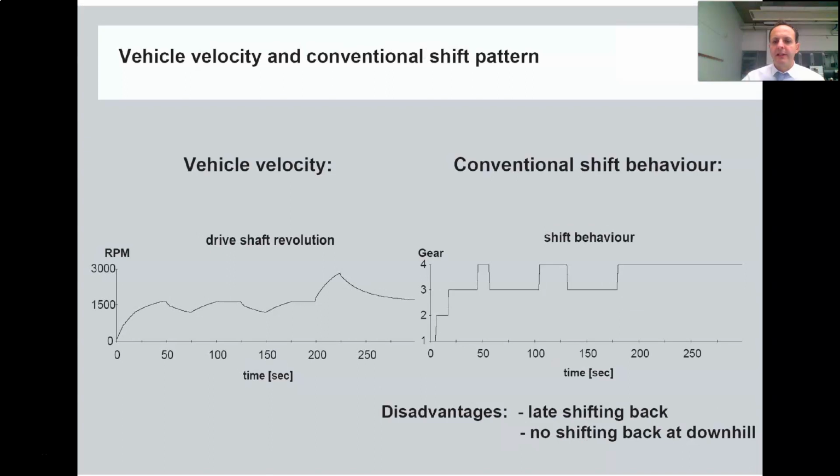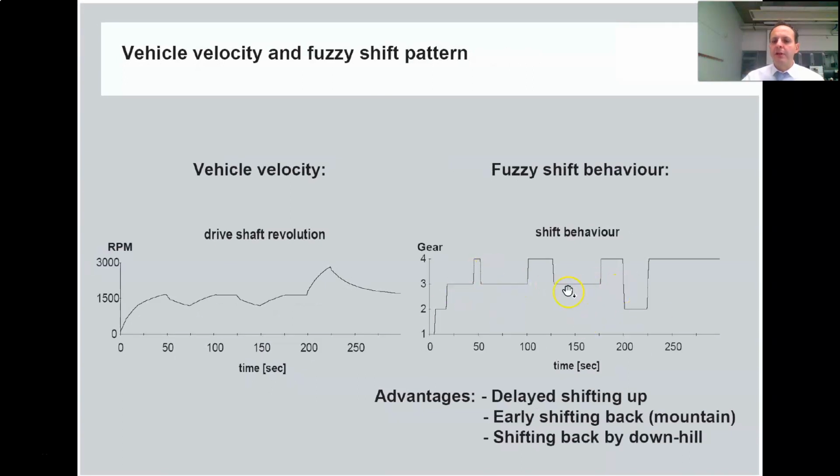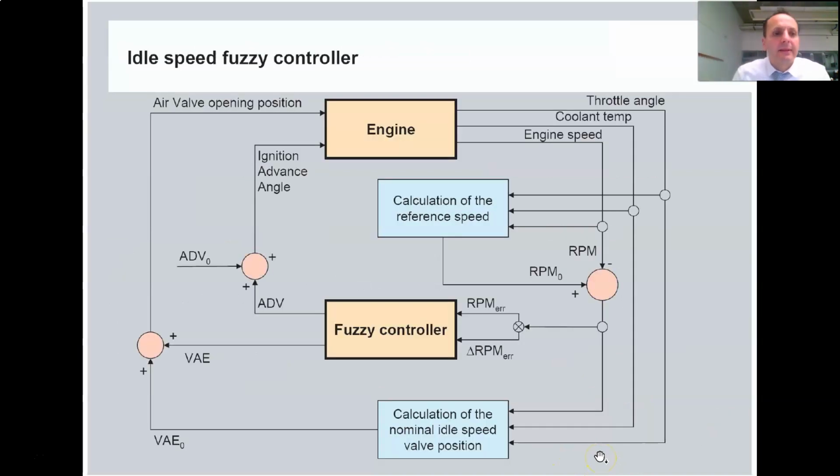You can see here that it is reducing, in some cases, the size of your shift behavior, so you can delay the shifting up, so it also improves the driving cycle. It can introduce early shifting back, for example, in the mountain, and shifting back when going downhill. So it's something that can be implemented in this way.